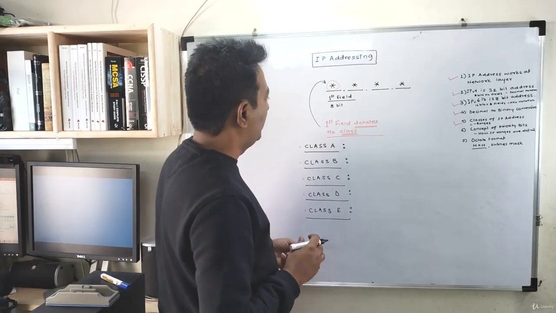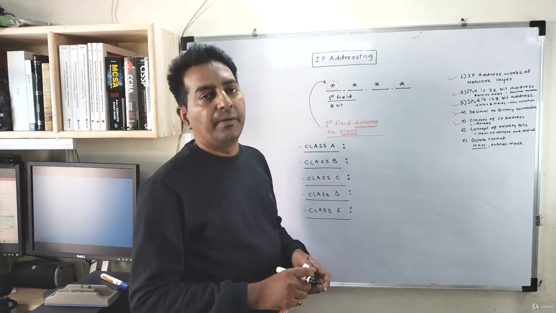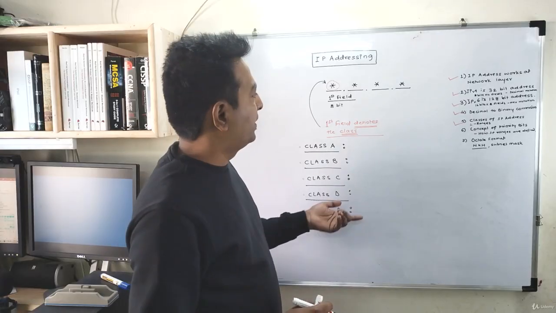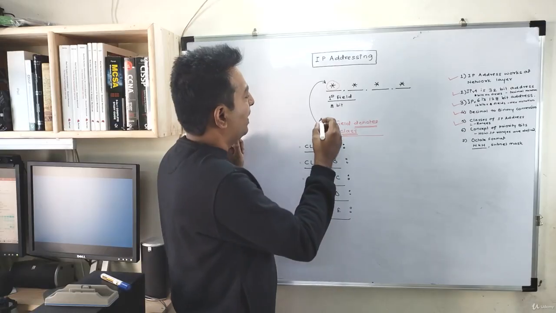But that is not the only criterion. Going forward, you will understand the concept of subnetting, on the basis of which you can define the class of an IP address.